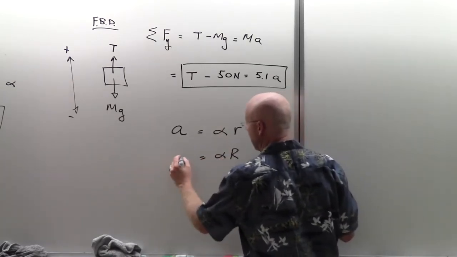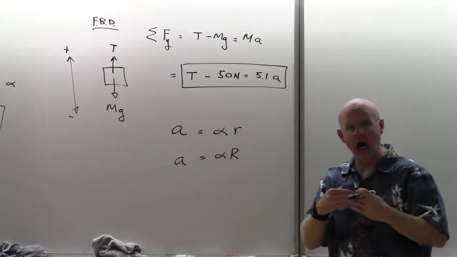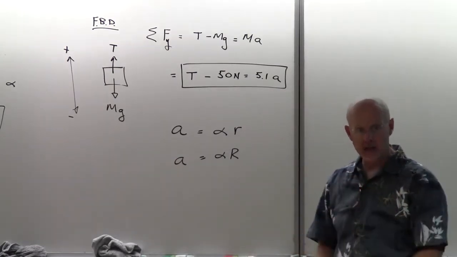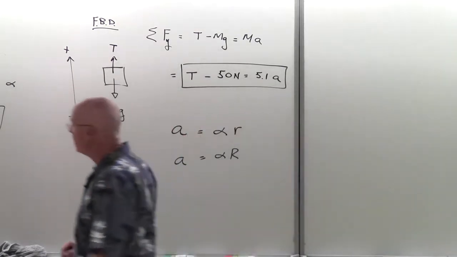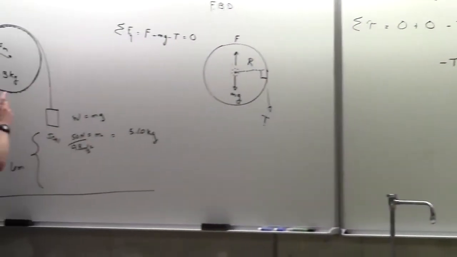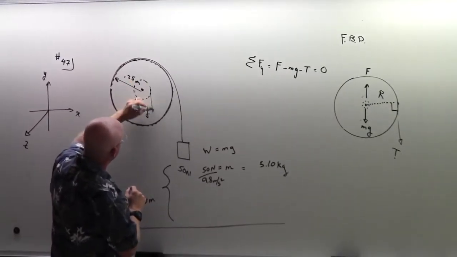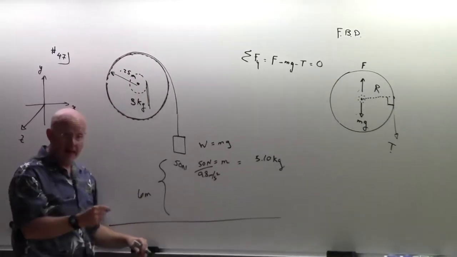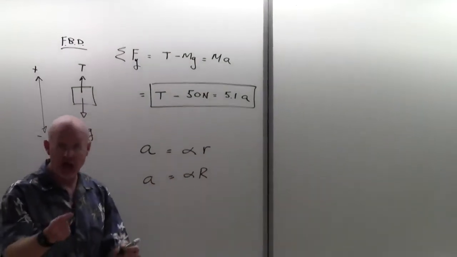And since we're talking about the rim, I'll go ahead and use the entire radius of it. Notice they could have done something like this. They could have tied the string on some kind of inner shaft, and then my R in this equation would have been the R of that inner shaft.